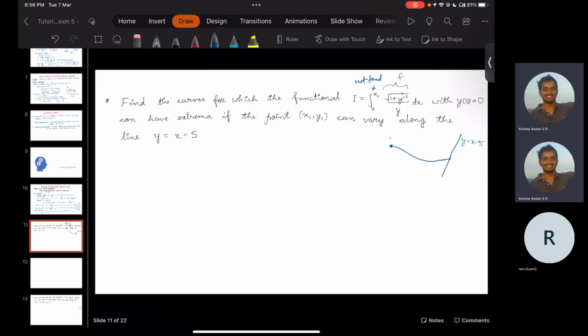It's explicitly independent of x. So we use the Beltrami identity, which says that y prime del f by del y prime minus f is equal to some constant c.